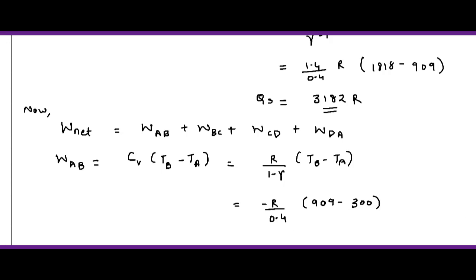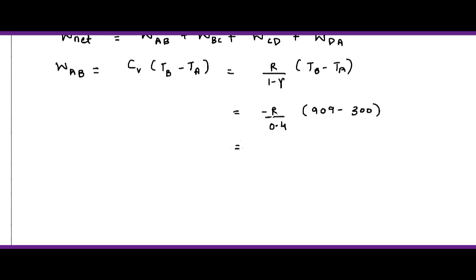This can be written as 2 by 5, so it becomes 5 by 2 R into 609 joules. So this is the work done from A to B.